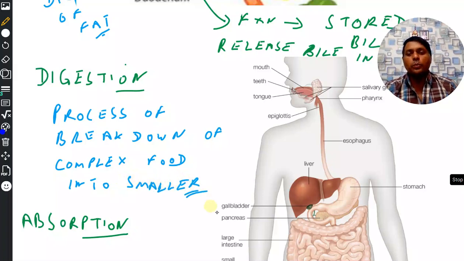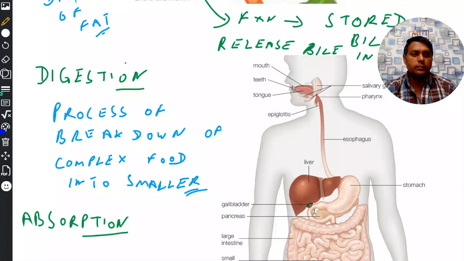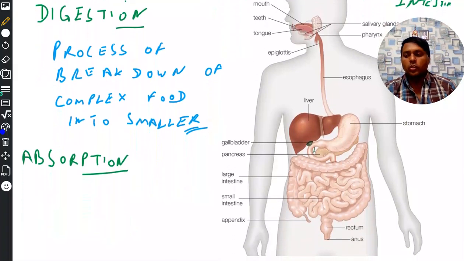So why does it need to be broken down? Do you know it? Because we can absorb the energy when it is broken down, because at last it is given to the cells.